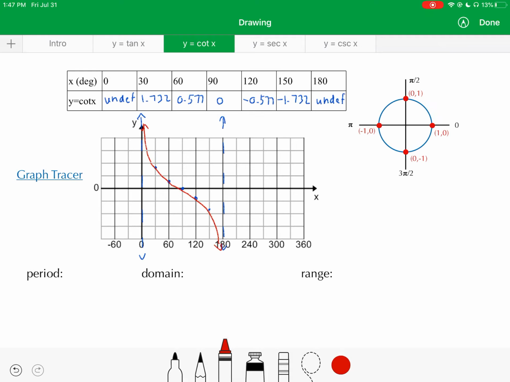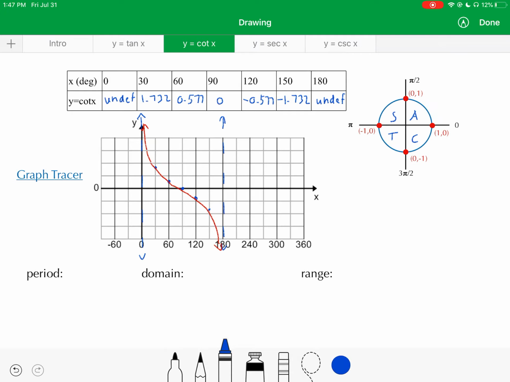They span from quadrant 1 to quadrant 2. Again, consider all students take calculus. Notice that in quadrant 1, from 0 to 90, the points are above the x-axis. In quadrant 2, they are below the x-axis because the cotangent function should be negative in quadrant 2.